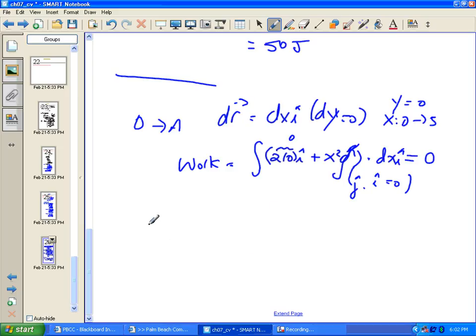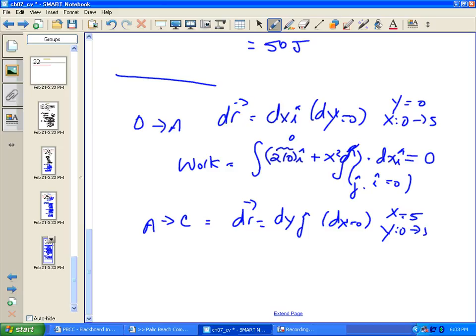Okay, the next one here is A to C, and here dr equals dy j hat, dx equals 0, and here we have x equals 5, y varies from 0 to 5, so the work is equal to 2y i hat plus 5 squared j hat.